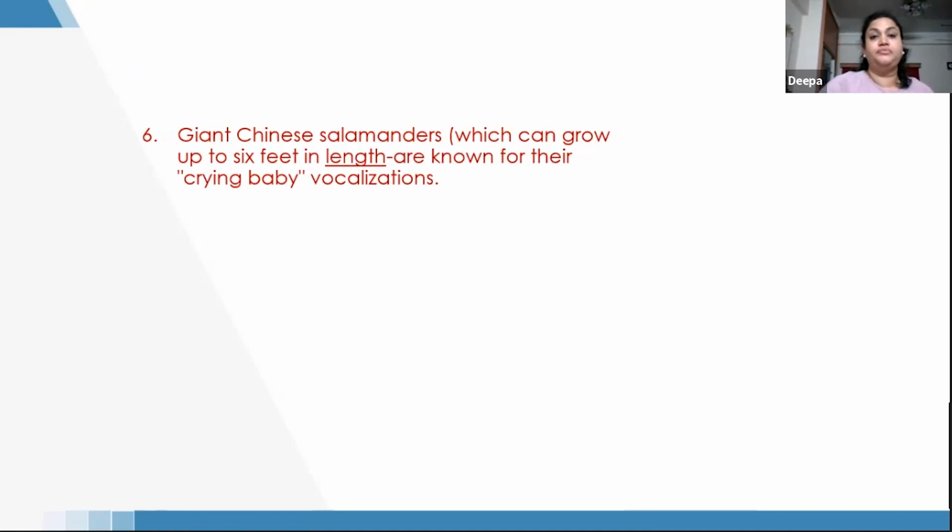Now here, when we are discussing Chinese salamanders, they have used a dash, and they have used a parenthesis here and a dash here. So therefore, it does not go well.